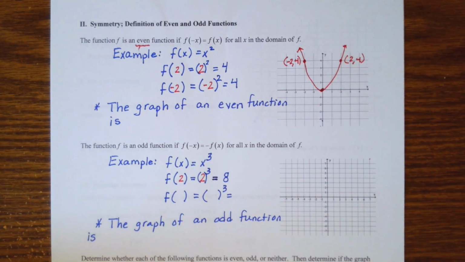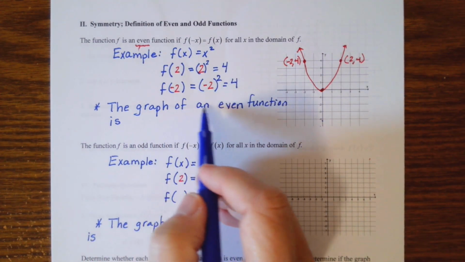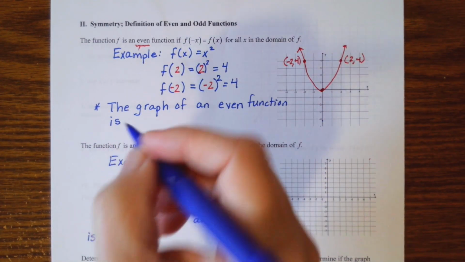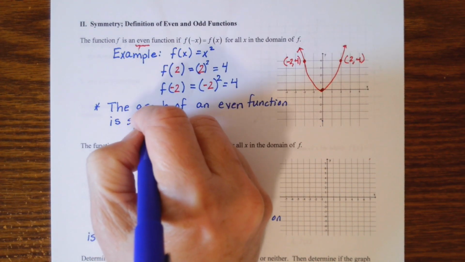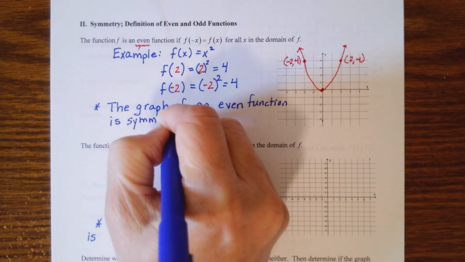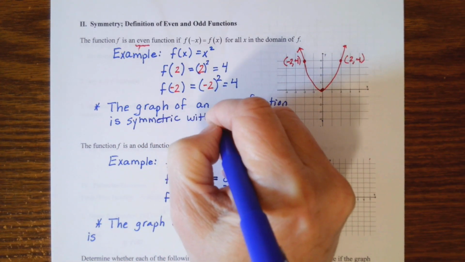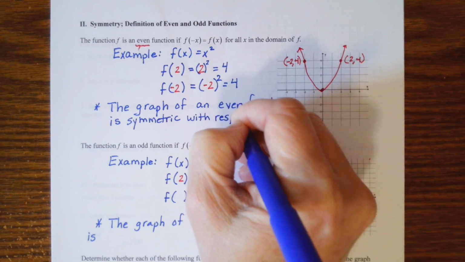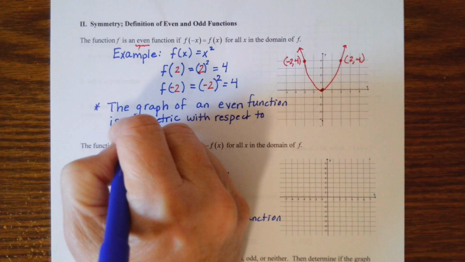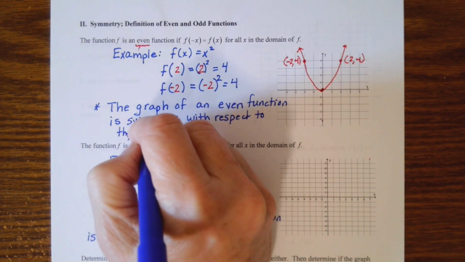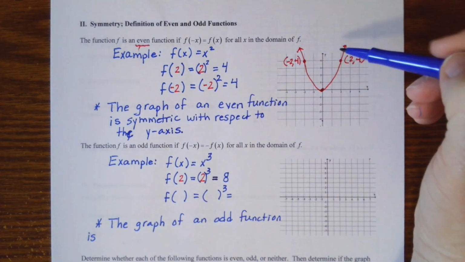So if we look at a graph, we could say that the graph of an even function is symmetric with respect to the y-axis.